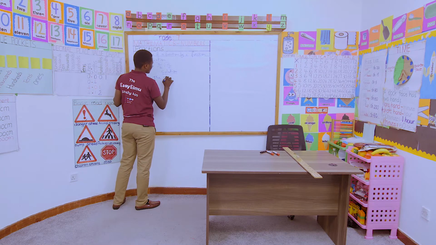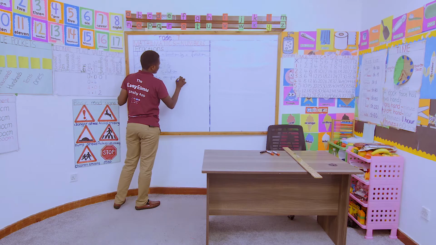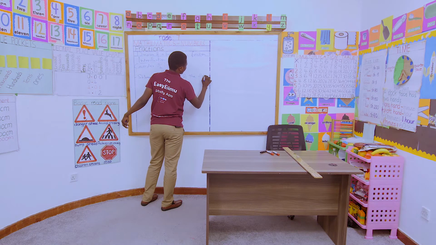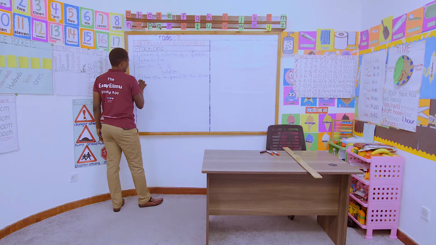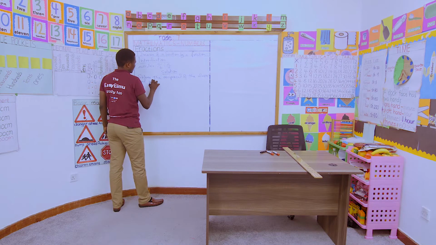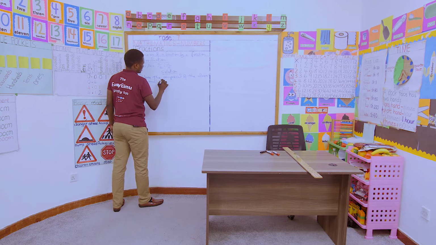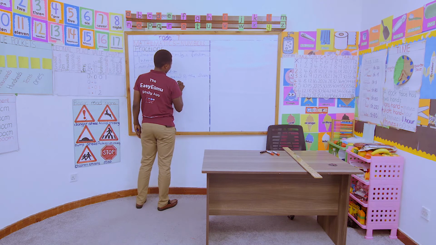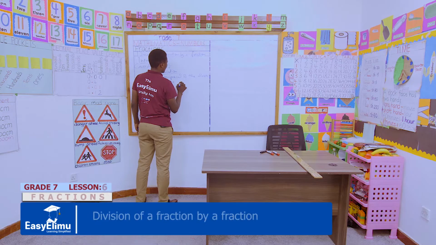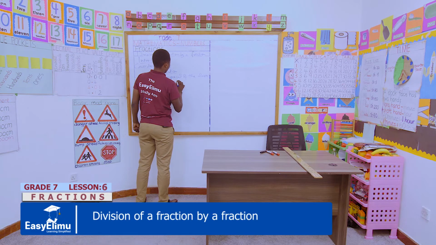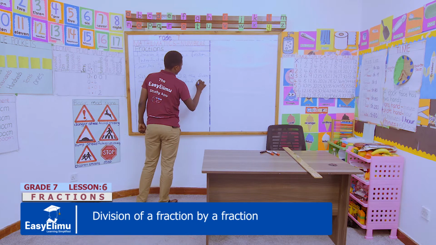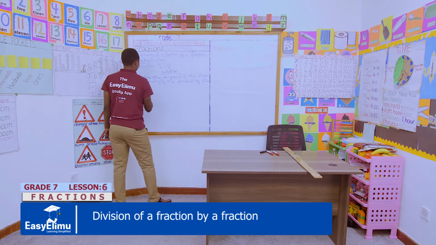Get the reciprocal of the divisor and multiply the dividend by the reciprocal of the divisor.